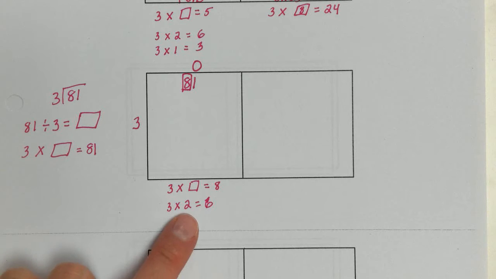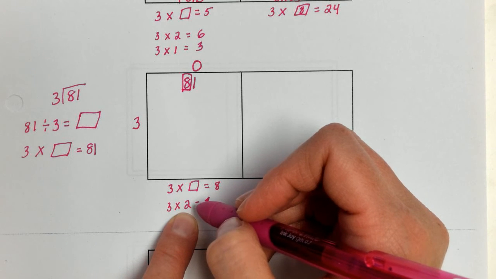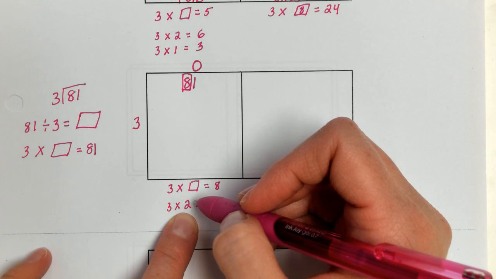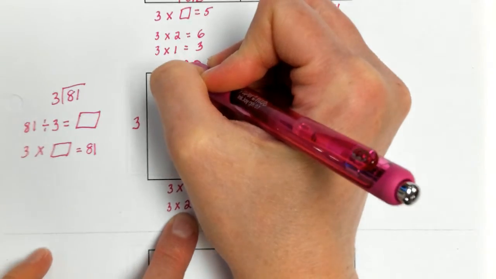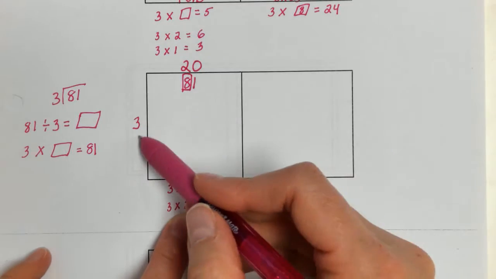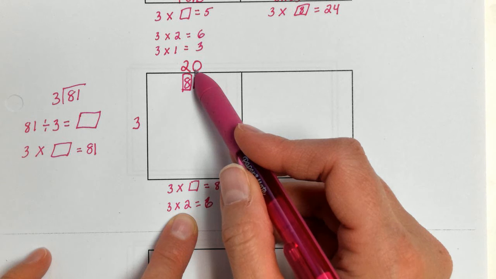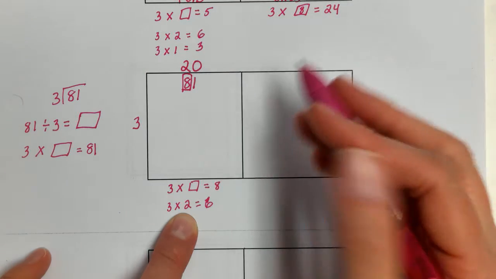All right. So where do I write this 2? Oh, wait, you're right. Okay, I'm going to write the 2 at the top in front of the 0. So now I have 3 times 20, right? And so if I was doing the multiplication, I would multiply the parts. What is 3 times 20?